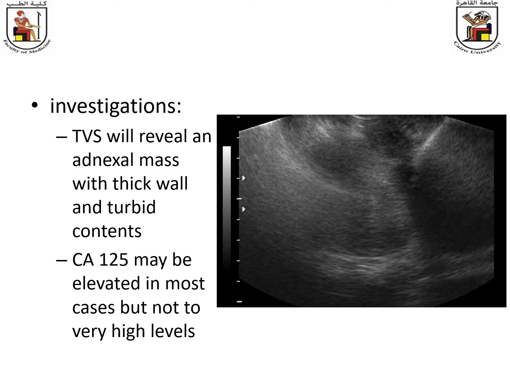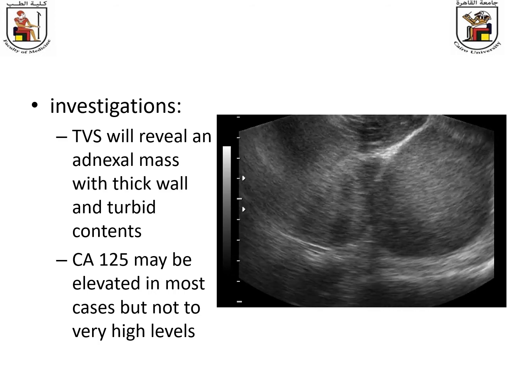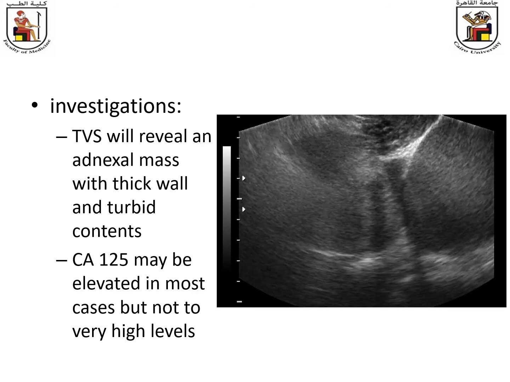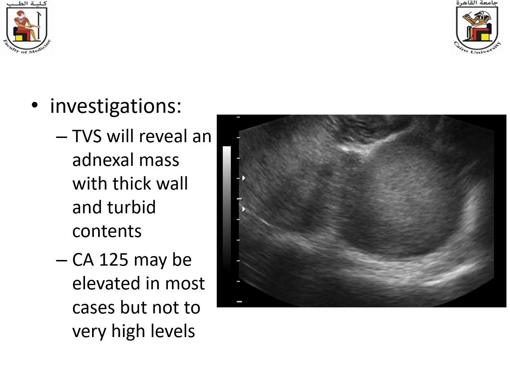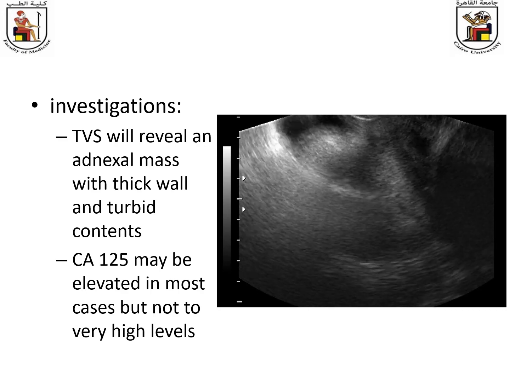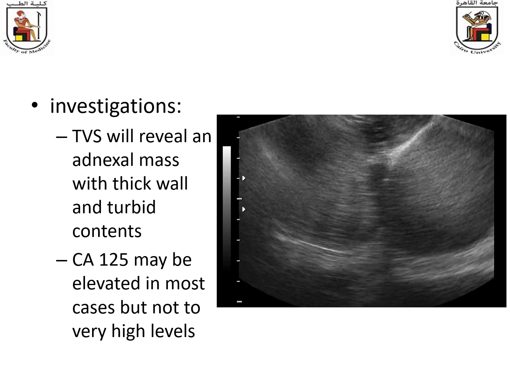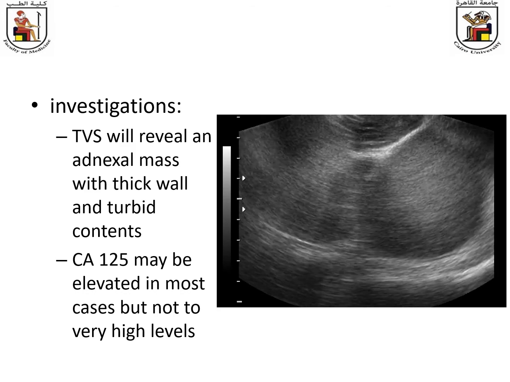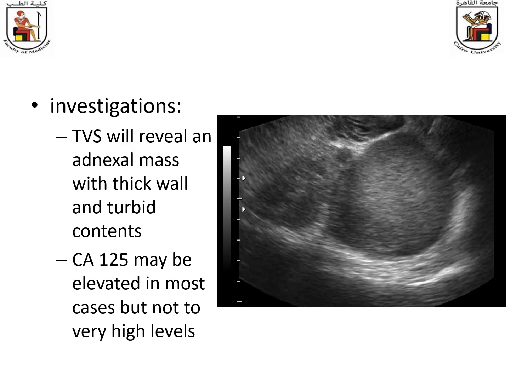But the mainstay of diagnosis is transvaginal ultrasound, and you can see here from this video loop, this is a transvaginal ultrasound, and anteriorly you can see the uterus, and behind it you can see the endometriotic cyst. If you look carefully at the internal structure of the cyst, this is known as the characteristic ground glass appearance of the cyst, which is very characteristic and diagnostic of endometriotic cyst.